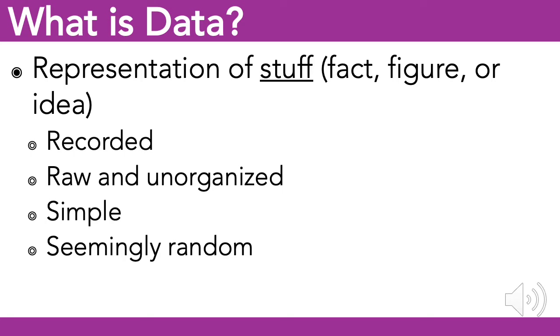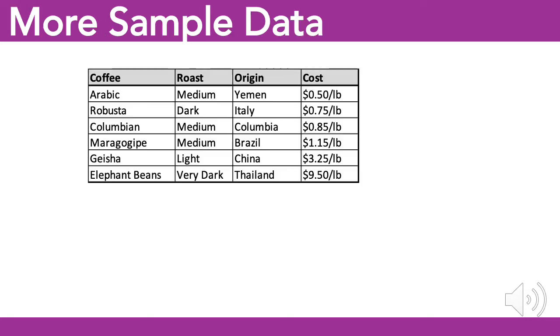We made the point that for data to be classified as data, it should be recorded, simple, and then raw and organized, and seemingly random, which are some attributes which may be a little bit harder for us to grasp. So I used a few examples, including this one, that sample data, right?